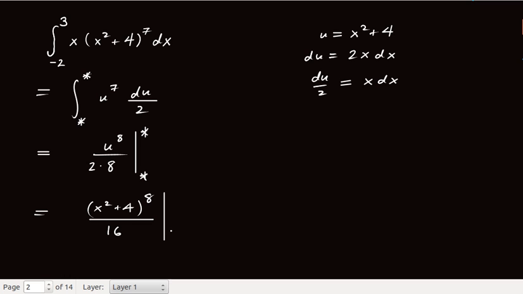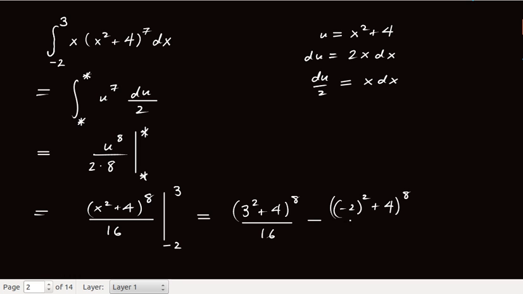And now, since I've changed back to the x variable, I can rewrite the original variables here. And now I can plug in the 3, and so I get (3 squared plus 4) to the 8th over 16. And then I subtract, and I plug in the minus 2, so that's (minus 2 squared plus 4) to the 8th divided by 16.